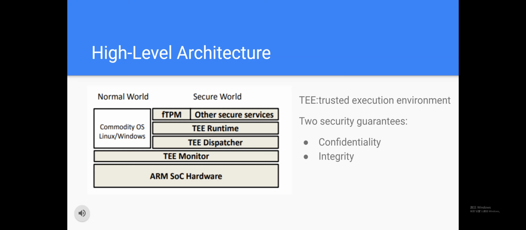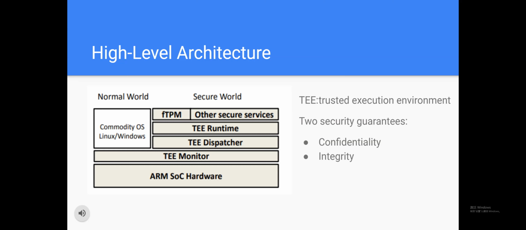The TEE exposes a single trusted service interface to the normal world using shared memory. By leveraging the isolation properties of ARM TrustZone, the TEE provides shielded execution, a term coined by previous work.